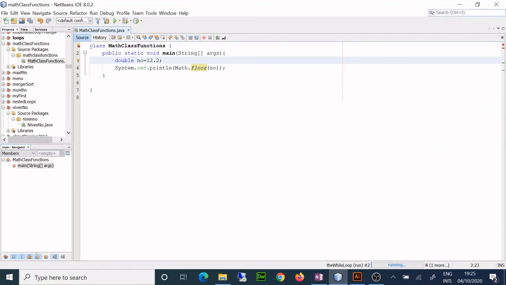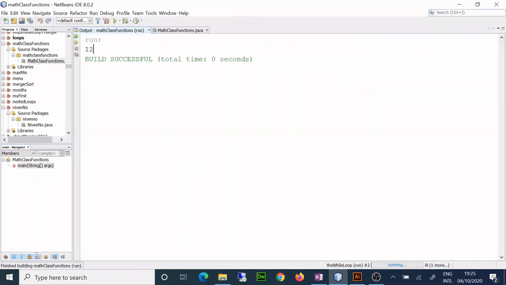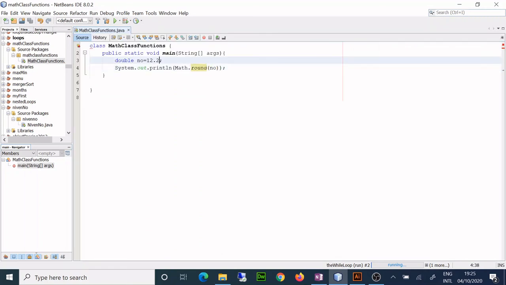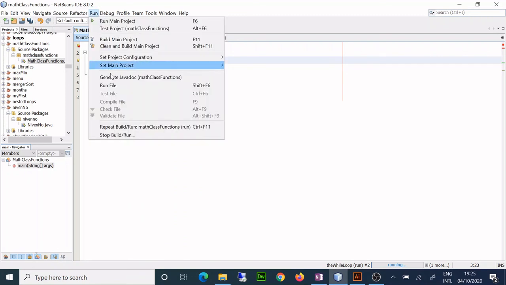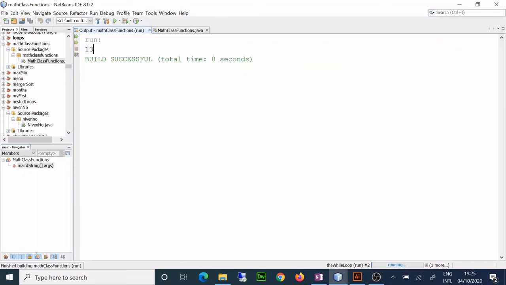Okay, so let's see what math.round does. I'll go there and run it, and its return type is integer. If it is 12.8, it should give me 13. So when I run, it gives me 13, right?